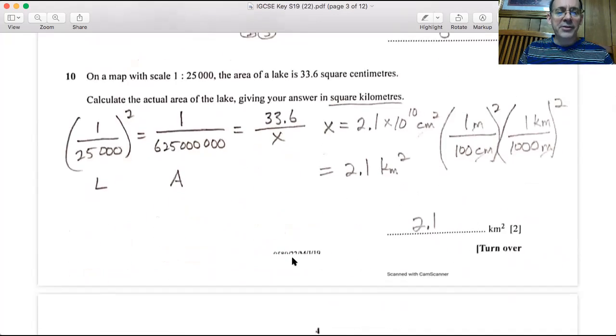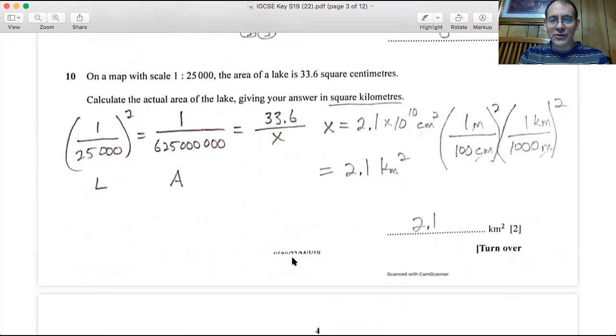Moving on, we have another map with the scale. So the scale or the ratio is 1 to 25,000. 1 centimeter of map represents 25,000 centimeters of actual length.